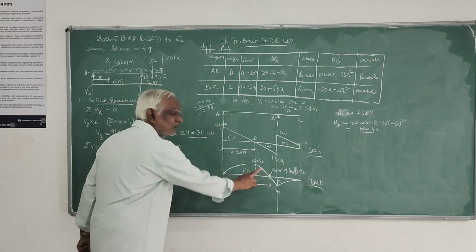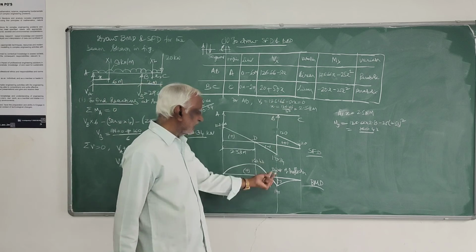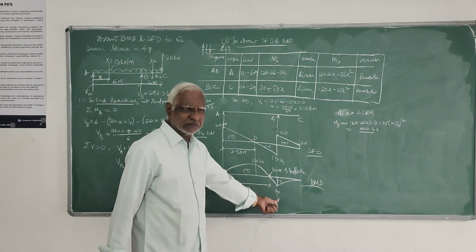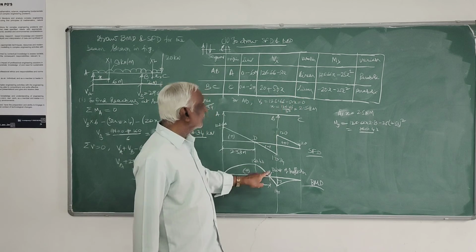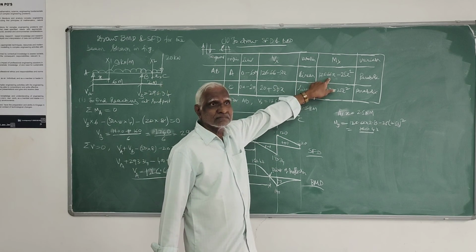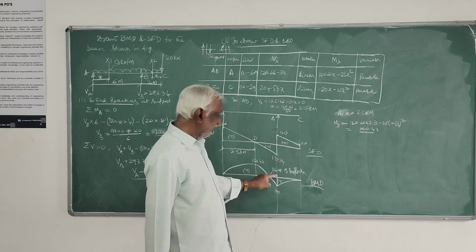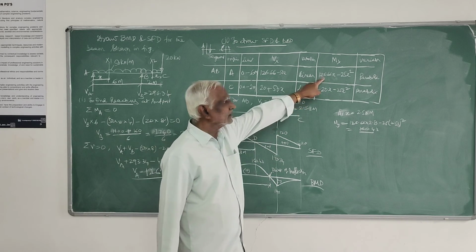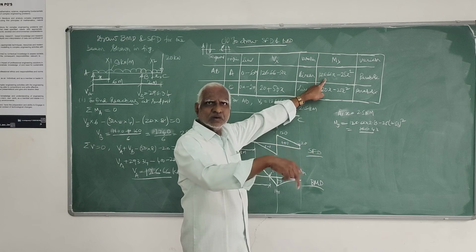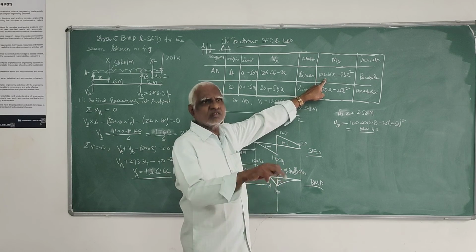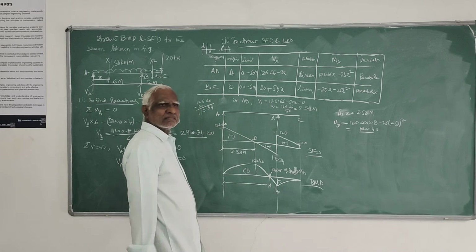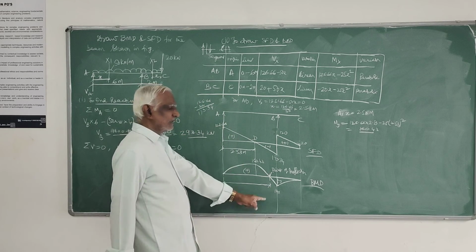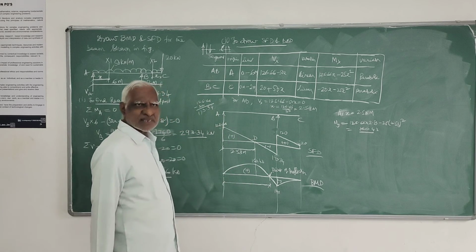So this you can determine by equating the corresponding equation to 0, which is the equation AB. For this portion, it is the AB equation. You equate it to 0 and solve for x. At that point, the moment is 0.